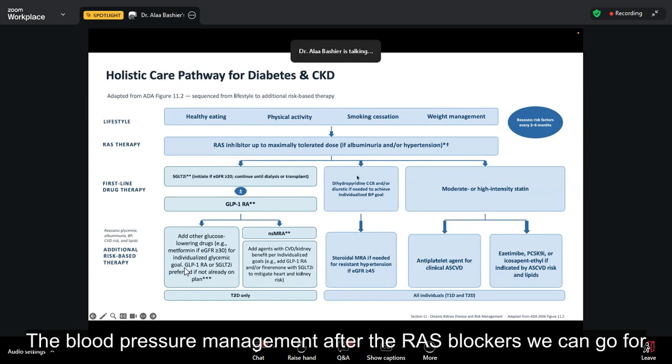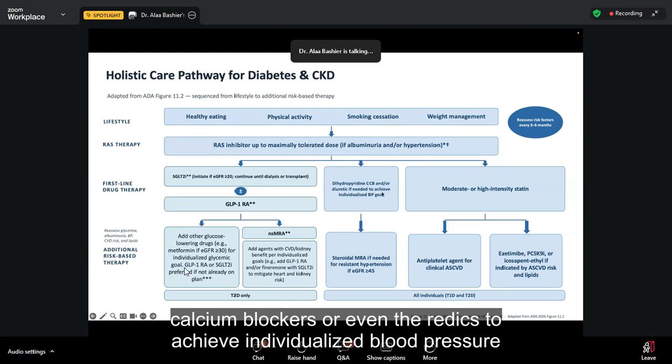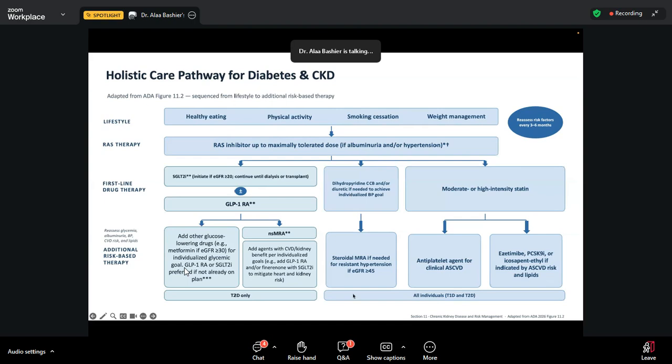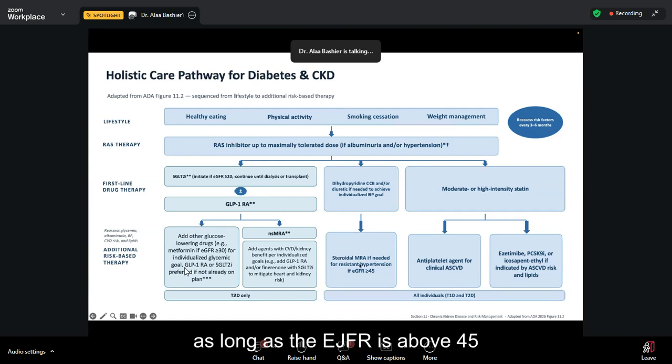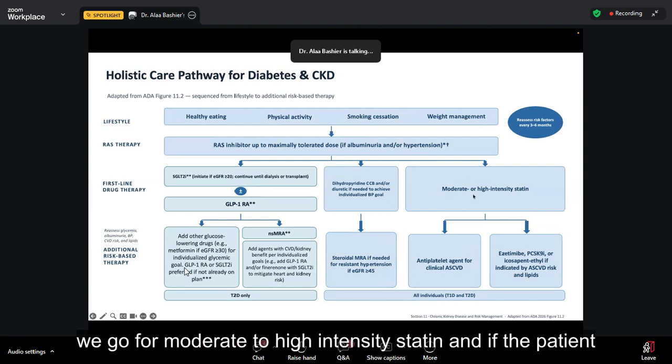For blood pressure management after the RAS blockers, we can go for calcium blockers or even diuretics to achieve individualized blood pressure. If the patient has resistant hypertension, we can go for steroidal mineralocorticoids as long as the eGFR is above 45.